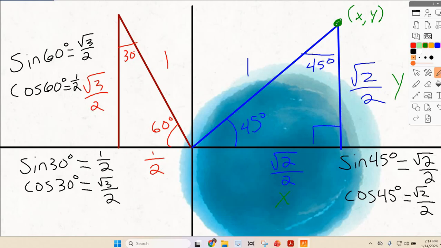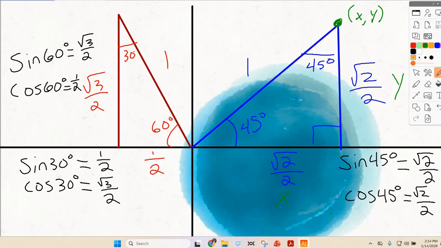Okay. Well, from this angle, remember that this bottom leg is our adjacent. And because my hypotenuse is always over 1, remember cosine is adjacent over hypotenuse. So our cosine just ends up being whatever that bottom leg is.